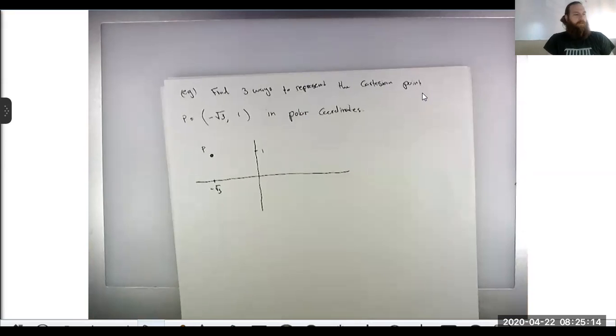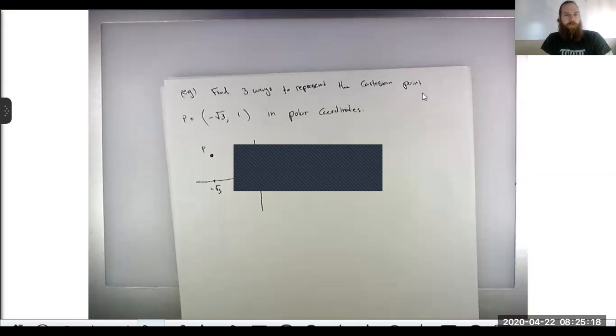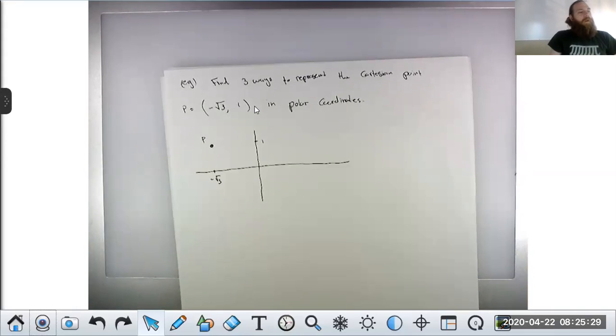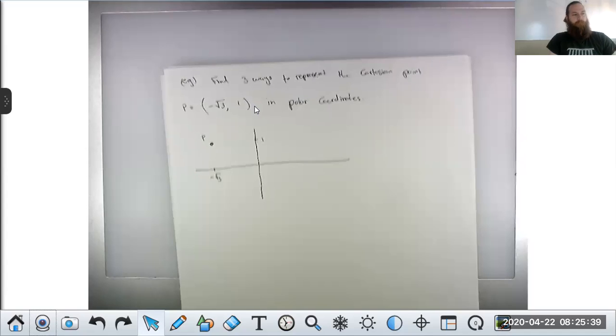And so the question is, can I find some polar coordinates for that point? All right. So how do I find some polar coordinates? You have to calculate r and theta.